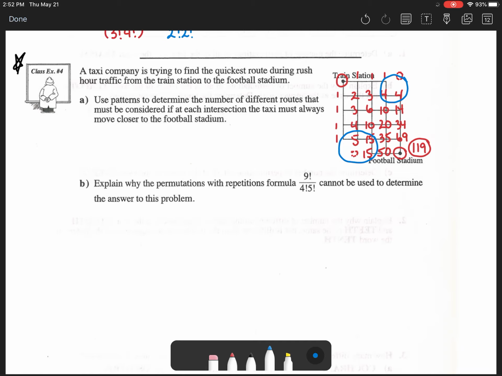Okay, because of those circles that I've created there, not every calculation is going to be possible. So you can't use that calculation, okay? There are pathways in 9 factorial, 4 factorial, 5 factorial you're including in that calculation that don't exist because of the gaps in the diagram, okay?